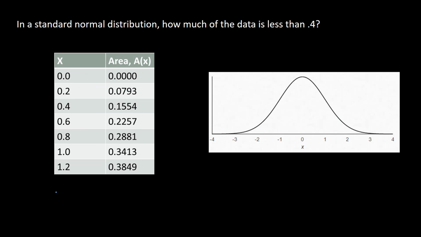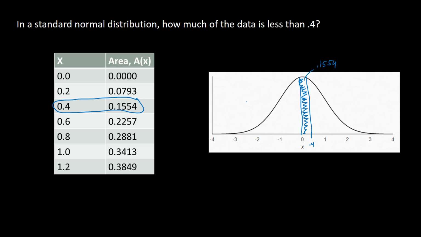Next example, we're asked how much of the data is less than 0.4. Looking here at 0.4, it's approximately there. So looking at the table, the area that corresponds is 0.1554, which is the area between 0 and 0.4. So this area in between is going to be 0.1554.